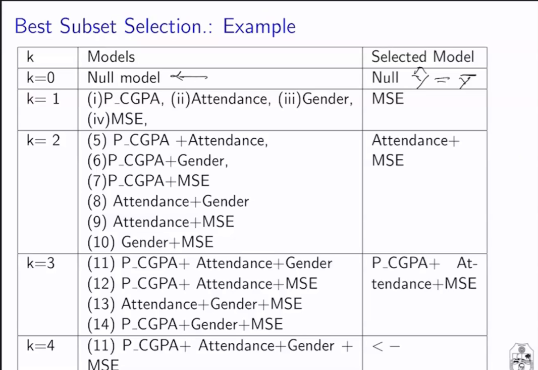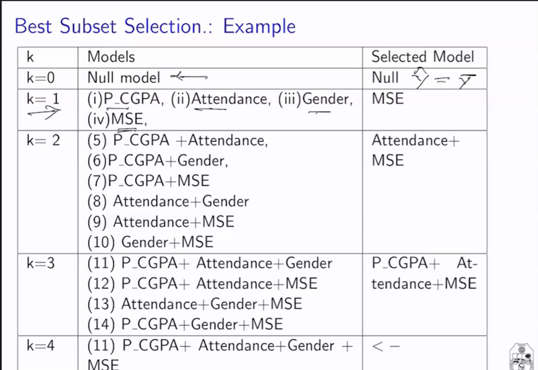In the first iteration, when the loop execution starts, you are going to generate all those models containing only one input variable. So in this step, four different models are generated. The first one uses only CGPA. The second model uses only attendance. The third model uses the gender, and the fourth model uses the MSc.